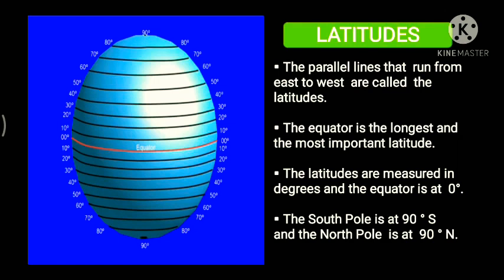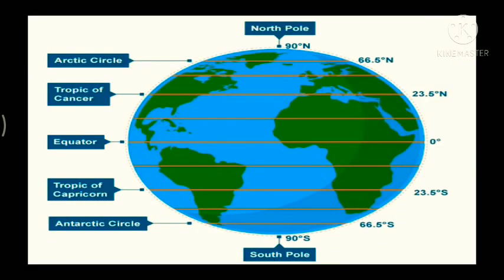Now, children, some other important latitudes are very important, starting with the equator, that is 0 degree. Then in the northern hemisphere we have the Tropic of Cancer, that is 23.5 degree north. At the top we have the Arctic Circle, that is 66.5 degree north, and we have the North Pole, that is 90 degree north.